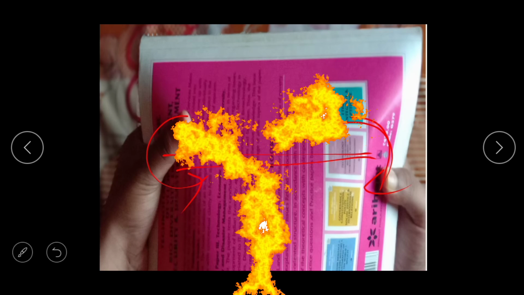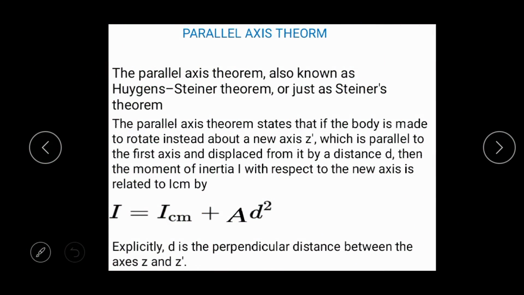Now we will discuss the parallel axis theorem. The parallel axis theorem is also known as the Huygens-Steiner theorem or just the Steiner theorem.